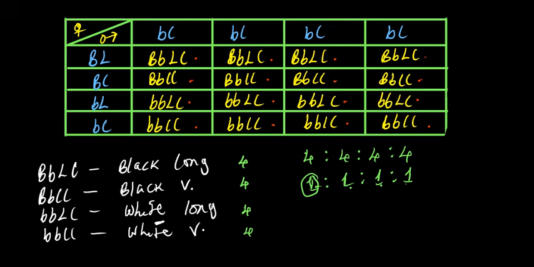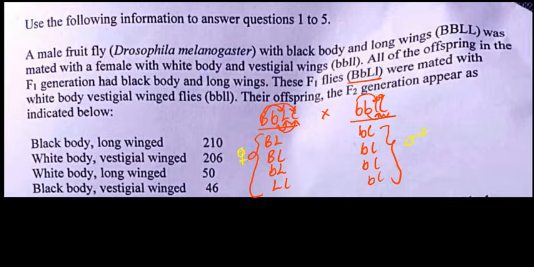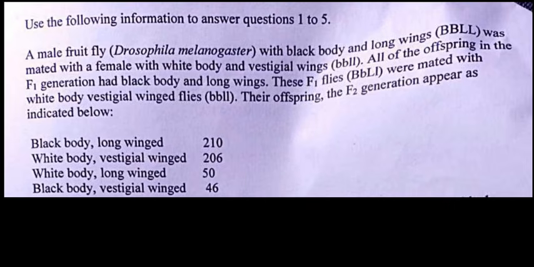So the ratio is going to be 1 over 4 multiplied by the total number of flies which were produced from this cross. So what are we going to do? We come back here. Let's add the observed values. These observed values are going to give us the total number of progeny which were produced in that cross.